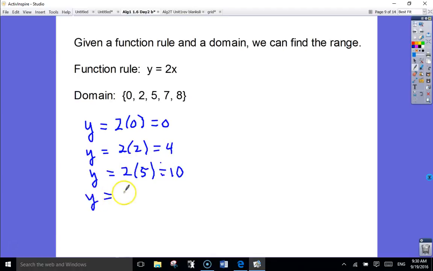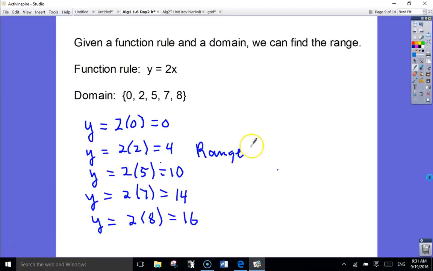Y equals 2 times 7, 14. And y equals 2 times 8, which is 16. So the range, if I write it properly, is the curly brackets 0, 4, 10, 14, 16. Right? So if you're given a domain, you calculate the range using the function rule.